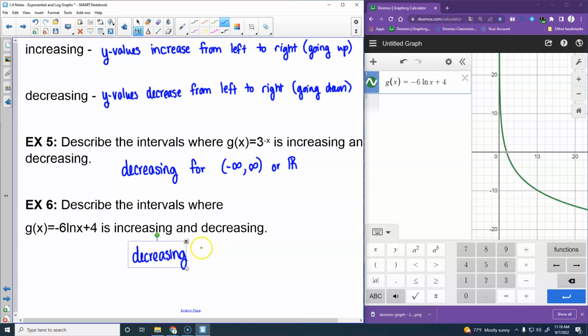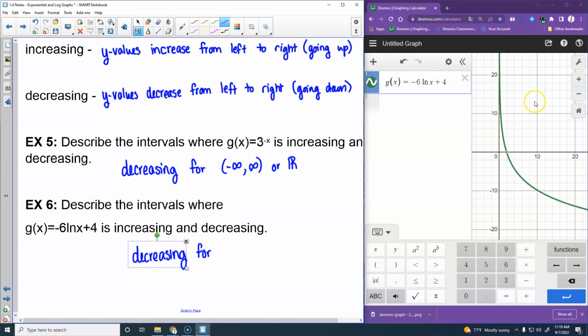But this time, it can only decrease on its domain. Is this graph defined over here at negative 3? We got nothing, right? It's not going to be there because we got a vertical asymptote. So it cannot decrease where it does not exist. So we have to say it's decreasing on whatever its domain is.